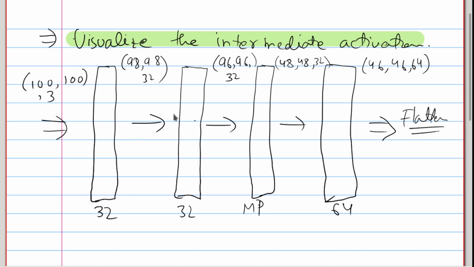As you can see, this 100 by 100 by 3 image is being transformed to 98, 98, 32, and then it has been transformed to this, and then this, and then finally this. So what we are going to do today is see what this actually means and what it is actually visualizing.